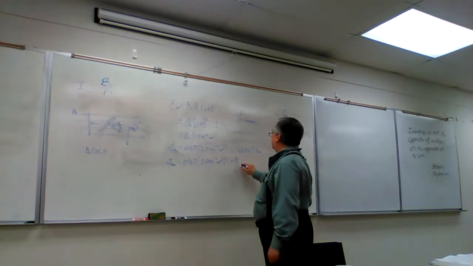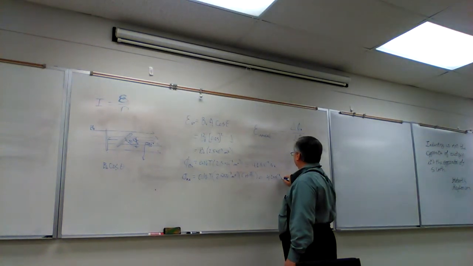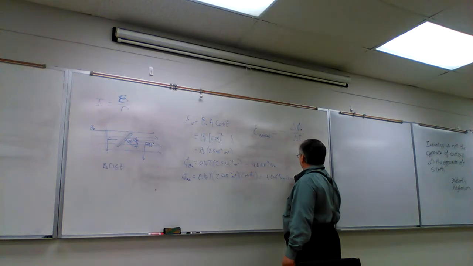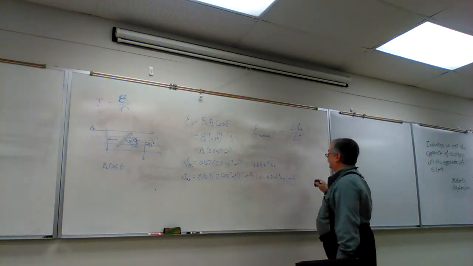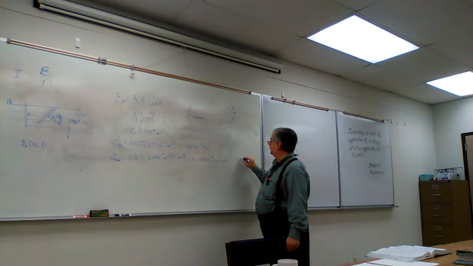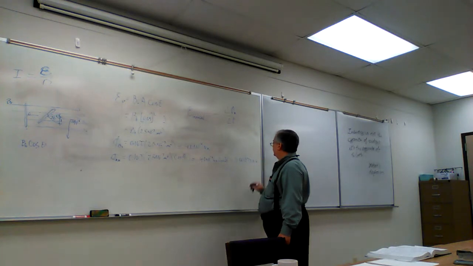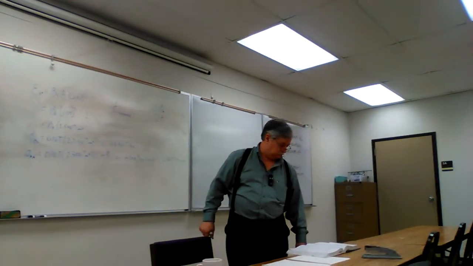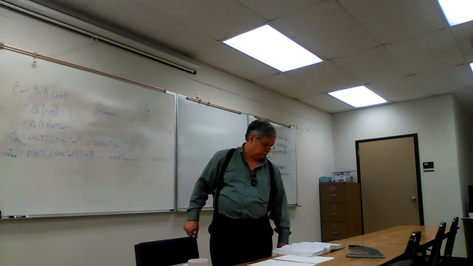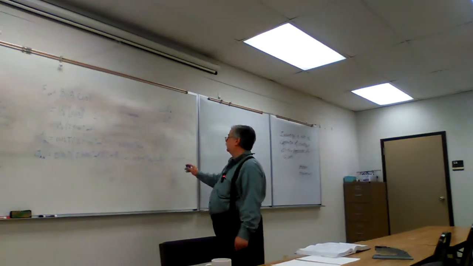Okay, well, do the math. It becomes 4.0 times 10 to the minus 4 Webers times the cosine of 30 equals... Webers. Somebody want to confirm that?